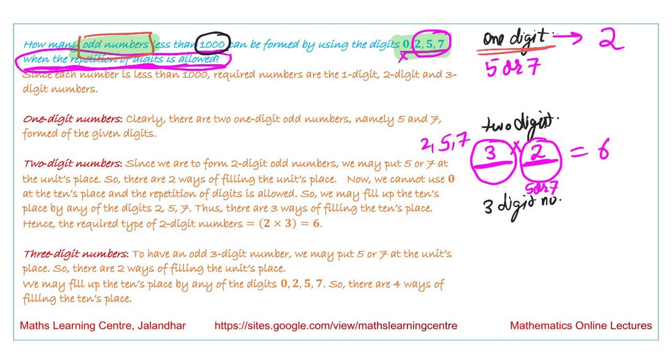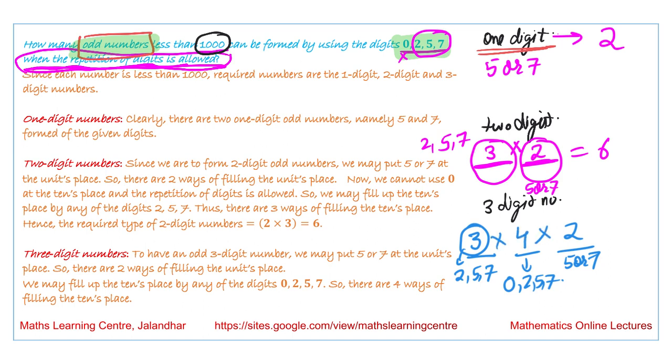And when we are talking about the 3 digit numbers, for this last unit place the options are 5 or 7, so it is 2. For this first place we have 3 options. It can be 2, 5 or 7, it cannot be 0. And for this place the options are 0, 2, 5 or 7. The number of options is 4.